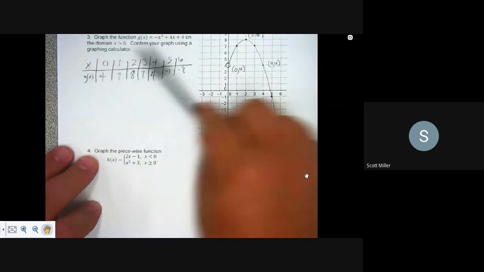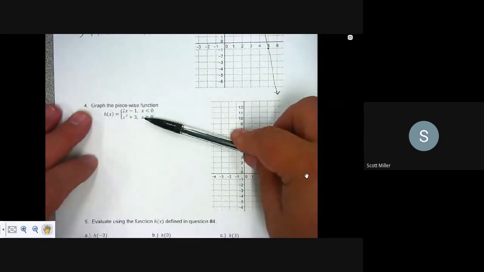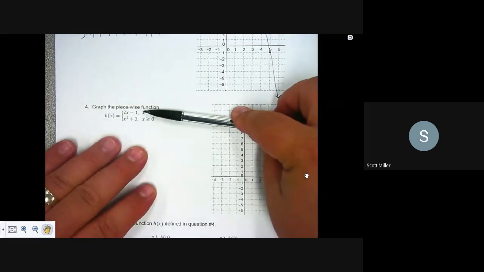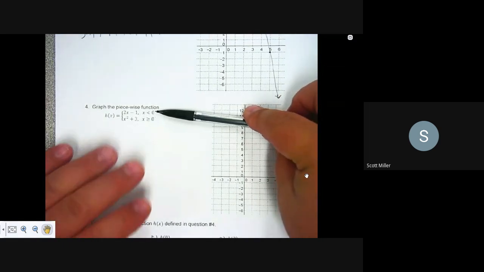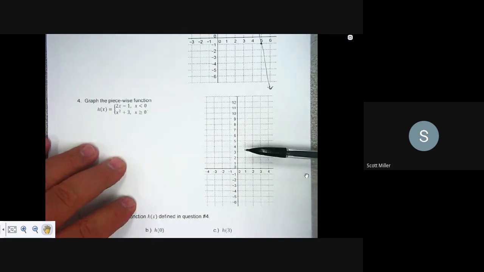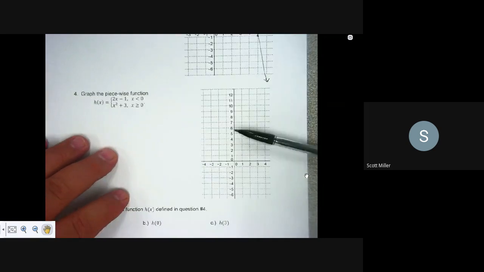If you understand what I just did right here, that's literally what you do here. You just do it twice. You're going to graph that piece on that restricted domain, and then you're going to graph this piece on this restricted domain on the same graph using exactly the same technique. So you're going to have 2 pieces on the graph instead of 1.